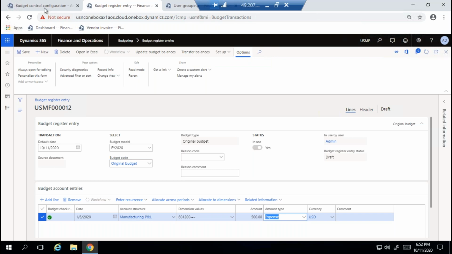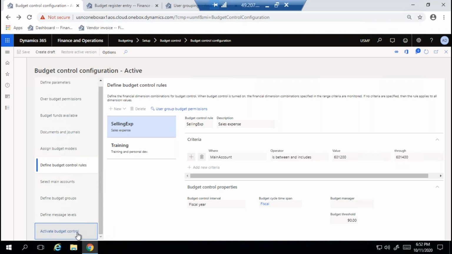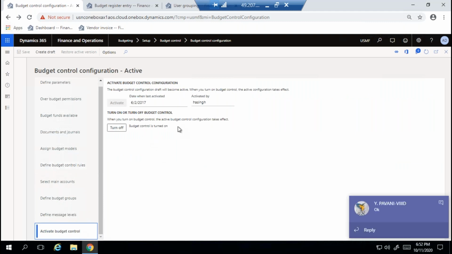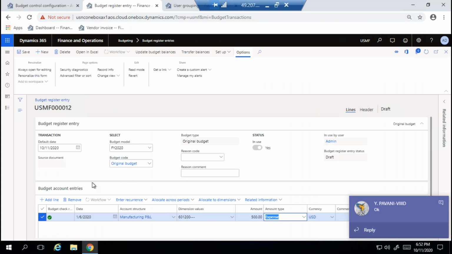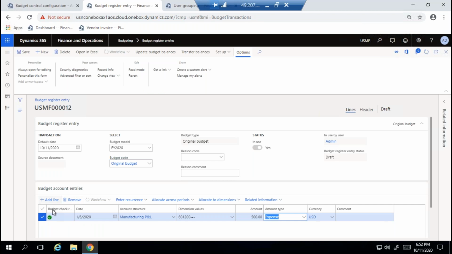If the budget control is on, then look at this, the green circle is enabled. If it is not there, then this button will not be enabled. This button is a green checkbox.